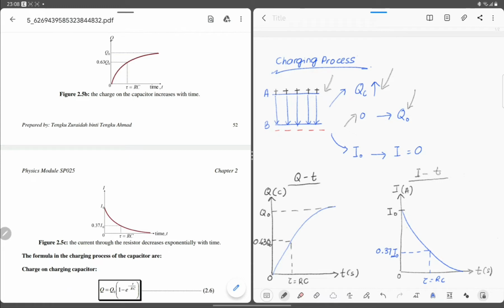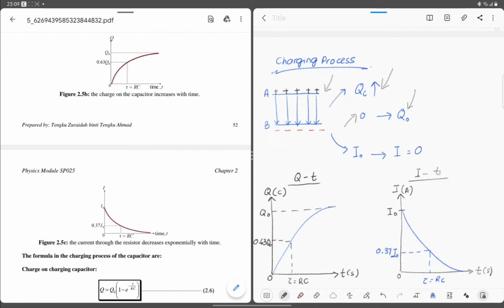Right. And ketika proses charging ini berlaku, immediately as you close the switch, if you still remember about the process, immediately as we close the switch S, I0 immediately will flow.